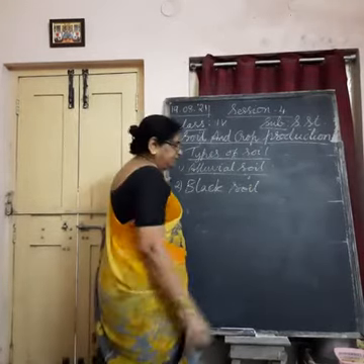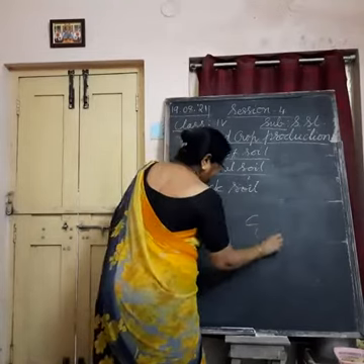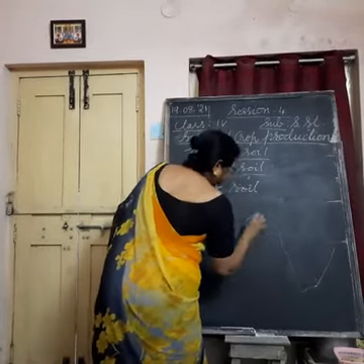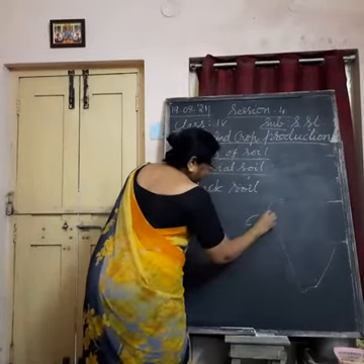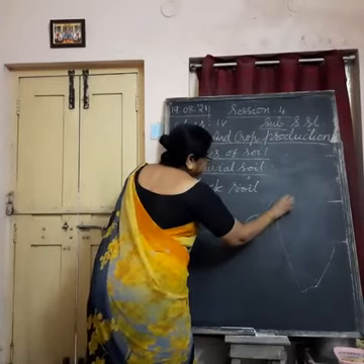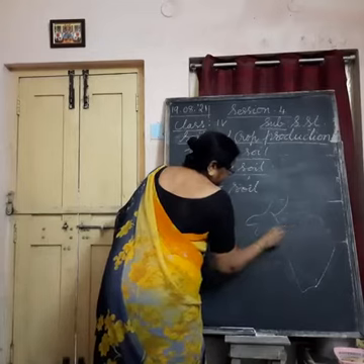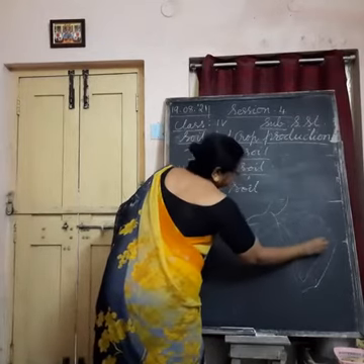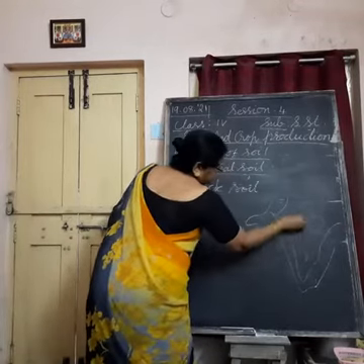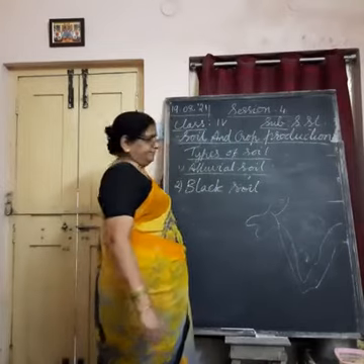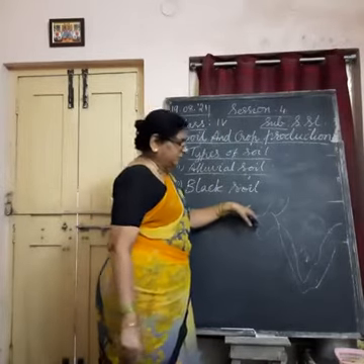Understand? In the plateau region. See, this is the southern part of India. Here it is Gujarat, some parts. This is Rajasthan, Madhya Pradesh, Orissa, and in this way. This part is the plateau region. Here you find black soil.